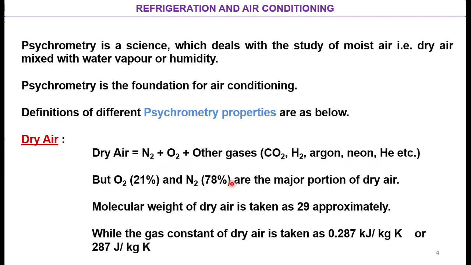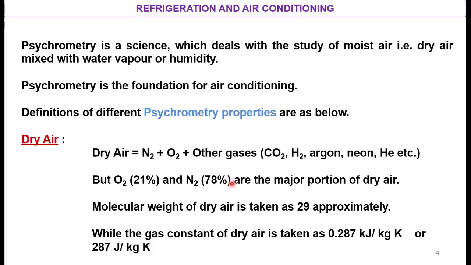Okay, nitrogen content in the air is more than 77% and around 78%. Oxygen is very close to 21%, and all other gases are present in very small concentration. So the major portion in the dry air is nitrogen, then followed by oxygen, and then you have the other gases present in the air.